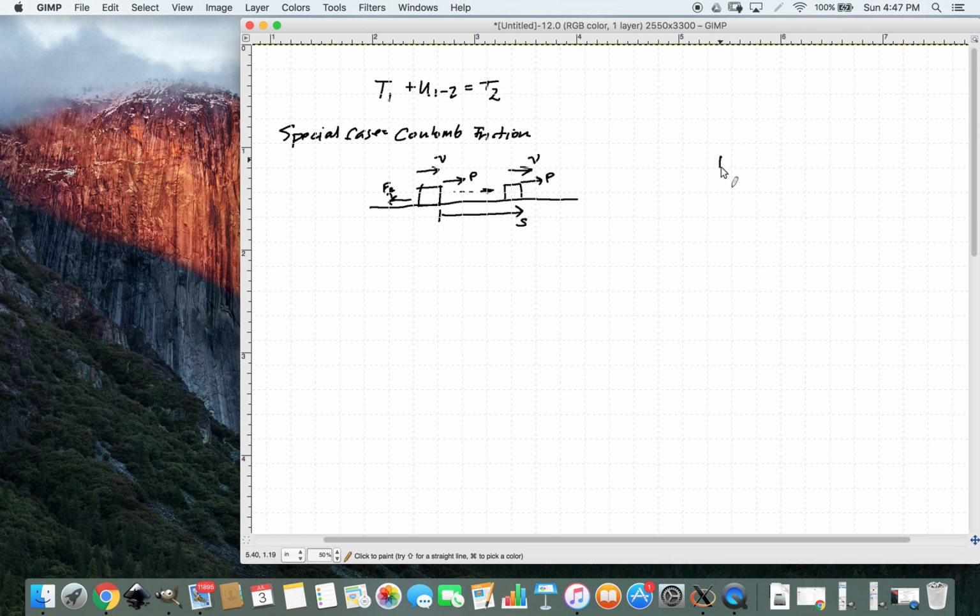Let's make a free body diagram. Okay, so here's our free body diagram. Here's our particle. And again, we ask the question, what are the forces on me? Well, it would see a gravitational pull, which we call its weight. It would potentially see a normal force coming off the ground. There is this force P that's propelling it forward.